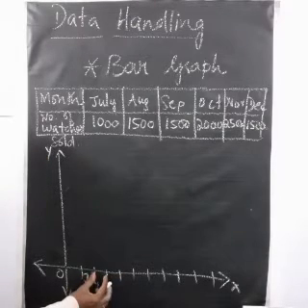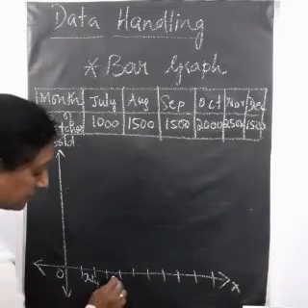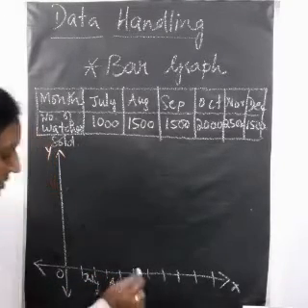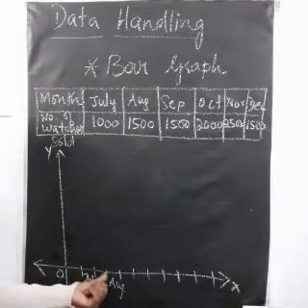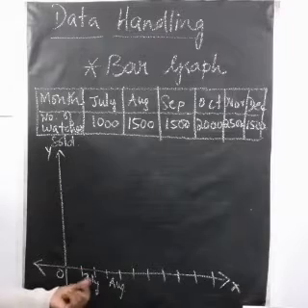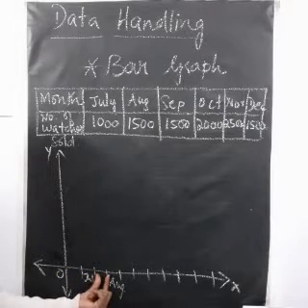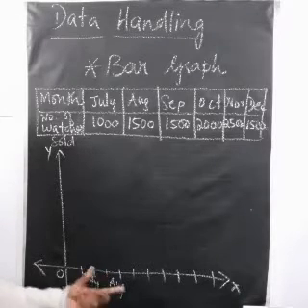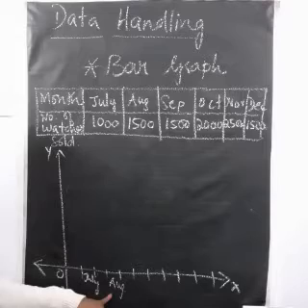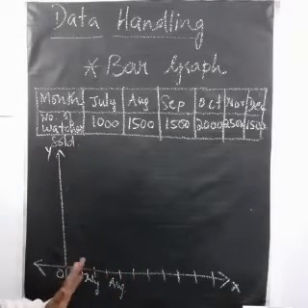Then you leave the next centimeter free, and on the next centimeter you mark August. Even in graph paper it will be easy because it's already marked. It should be even intervals. Only then the graph will be correct.